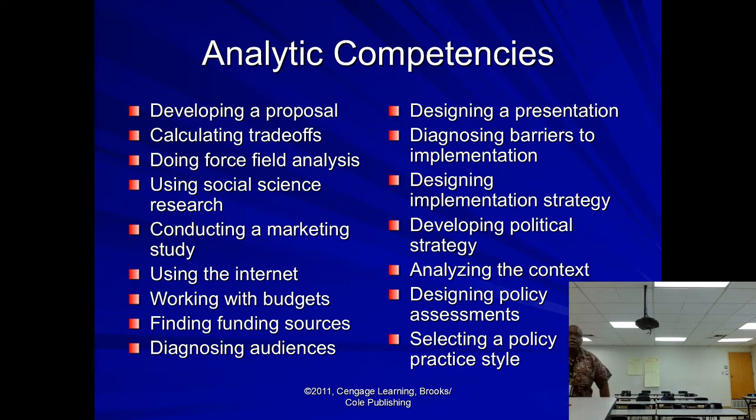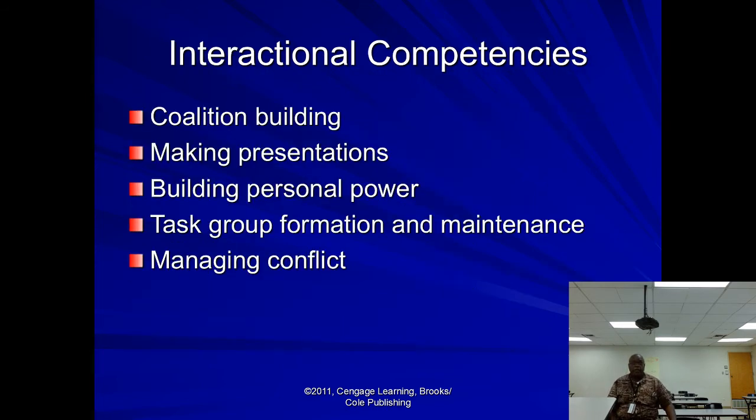Okay, so we will continue with this now after we talked about the analytic competencies. So the next one is interactional competencies: coalition building, making presentations, building personal power, task group formation and maintenance. You must form your task group and make sure it keeps functioning.